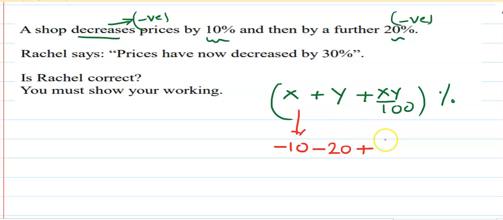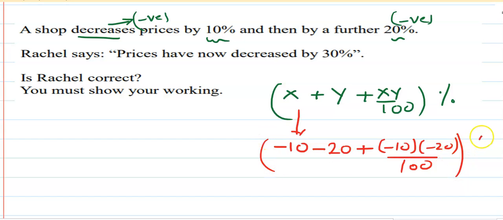Then x plus y plus xy over 100, with x as minus 10 and y as minus 20. Put in these values and you will directly get the answer. This formula is not given in any book; we just made it. So x plus y plus xy over 100 will be a direct answer.